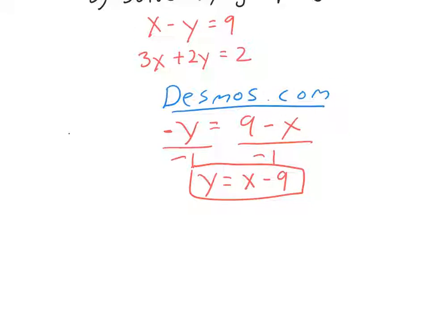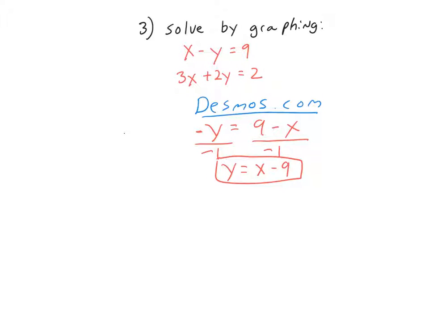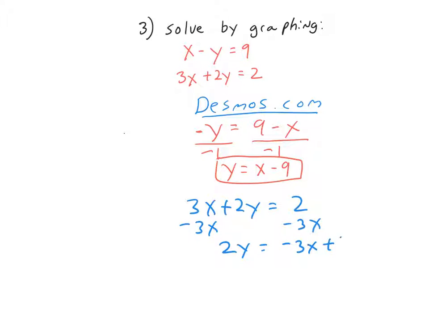On our second one, we're going to do 3x plus 2y equals 2. So I need to subtract 3x from both sides, and I'll get 2y equals negative 3x plus 2.